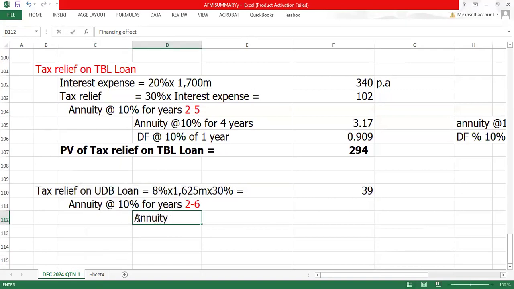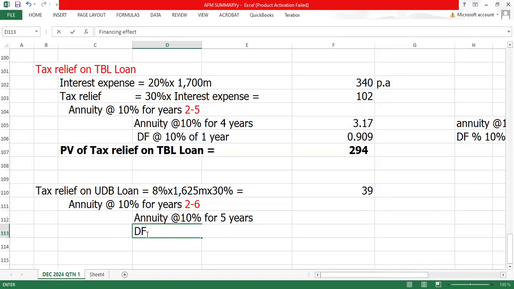What is the annuity at 10%? Use the tax relief rate as you discount the tax relief. So it is annuity at 10% for 5 years. Then I multiply by the annuity. No, this is just the discount factor.